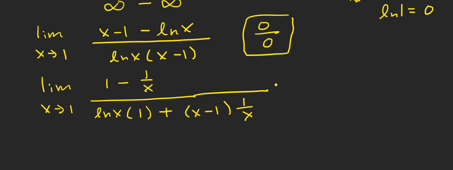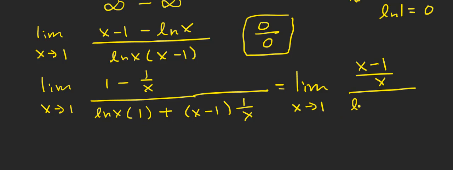So you end up getting limit as x goes to 1, x minus 1 over x. I use the common denominator, x. And on the bottom, you're going to get natural log of x plus x minus 1 over x.